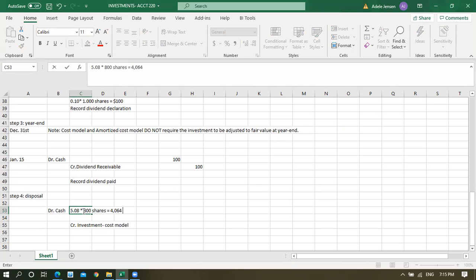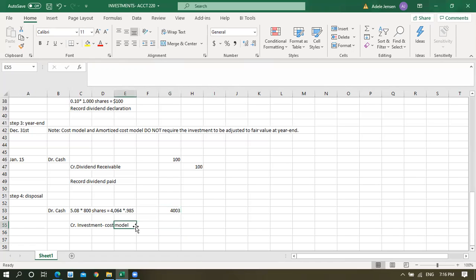Then from there, we want to subtract that 1.5% of commission. So an easy way to do that is multiplying by 98.5%. So instead of multiplying by 100, we're subtracting that 1.5% commission expense, and therefore we're multiplying that 4,064 by our 98.5%. Let's do that calculation here for our journal entry. Perfect. So that's our cash amount that we're receiving, $4,003.